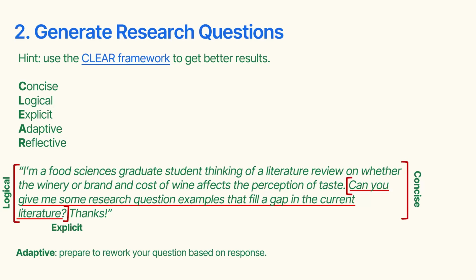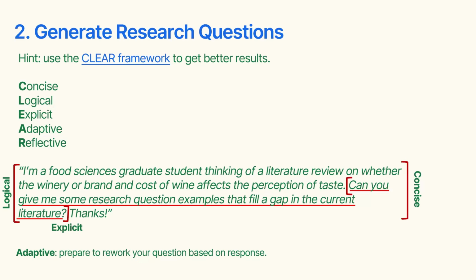Adaptive just refers to you reworking your question. So if you pop this into Gemini or Claude, or Perplexity, you would get a response, right? But you need to look at that response and see if it got at what you're looking for. And if not, you need to rework your question.